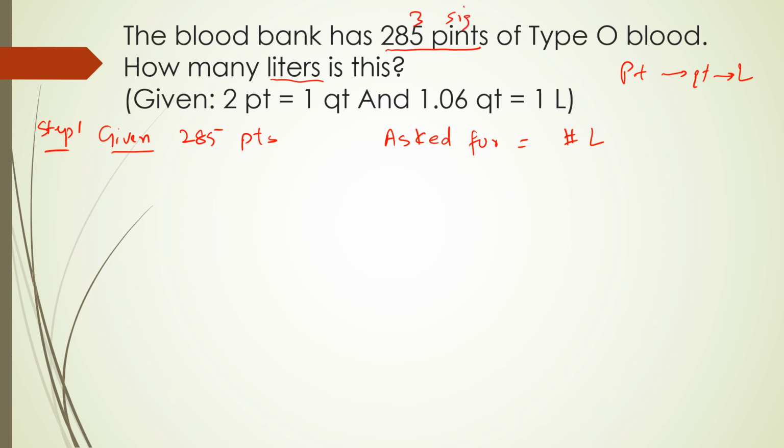Just remember, because we will report our answer in same number of sig figs. So step 2 is write the equality statements which are already given to us. So 2 pints equals 1 quart and 1.06 quarts equals 1 liter.